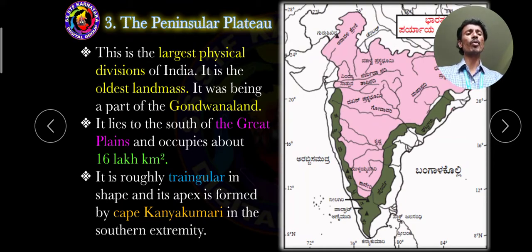Extremity means the southernmost point, here Kanyakumari. So this is the largest physical division of our country.